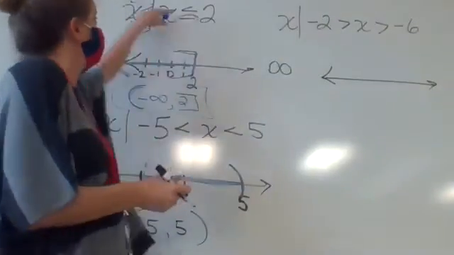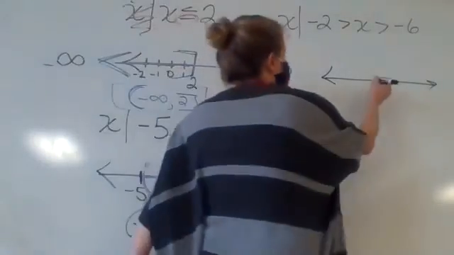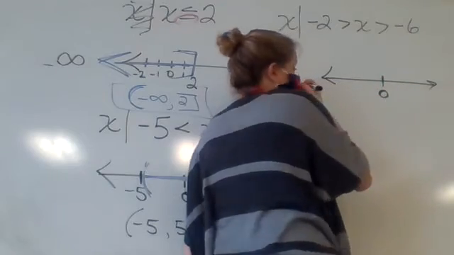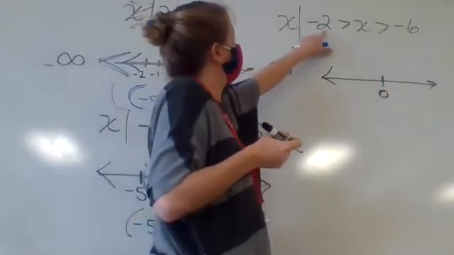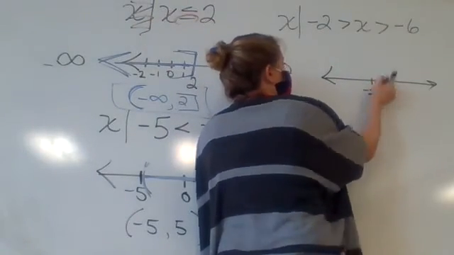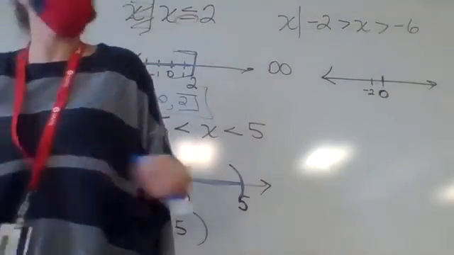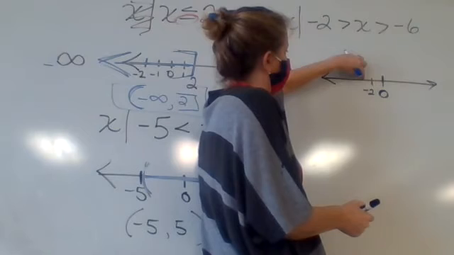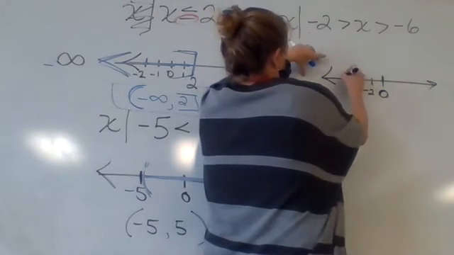You can go straight from this to interval notation, but on problems like this, anytime I have two numbers, I like to put the 0. Where would -2 be? To the left of it. Where would -6 be? Even more left, right? Because my negatives go, after -2 would be -3, -4, -5, -6. Here's where -6 would be.